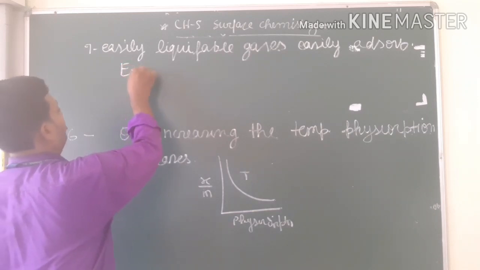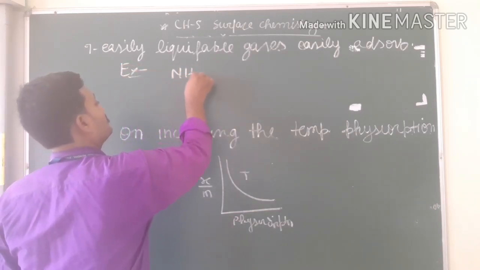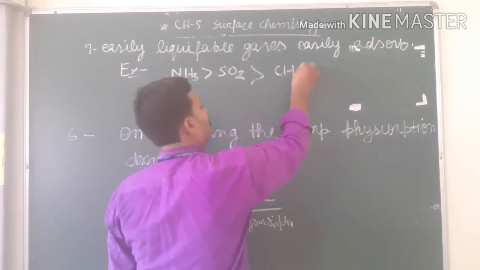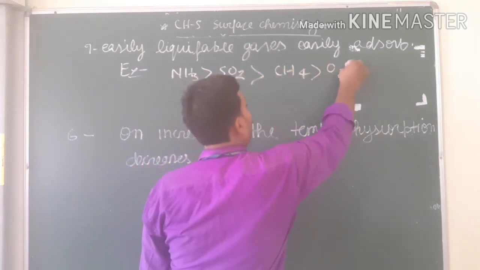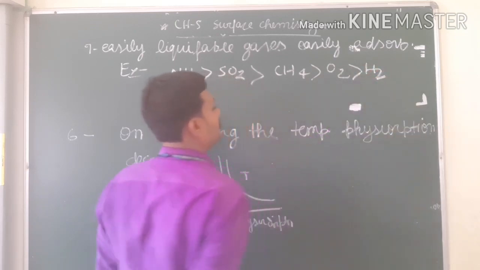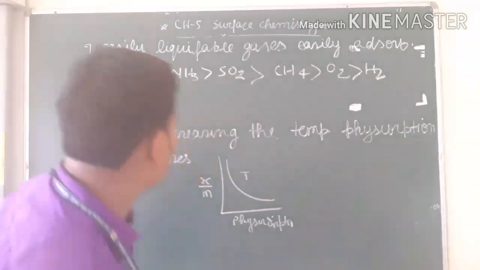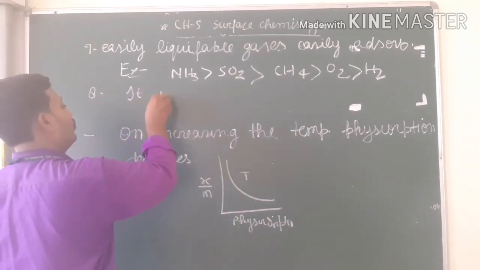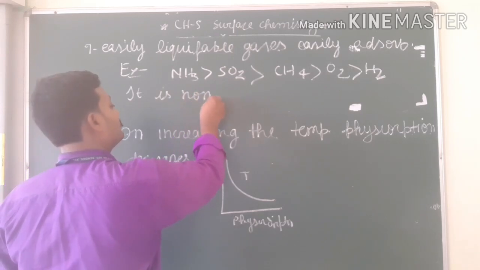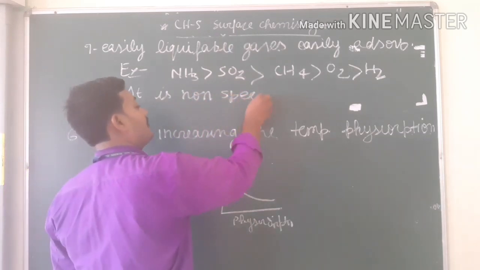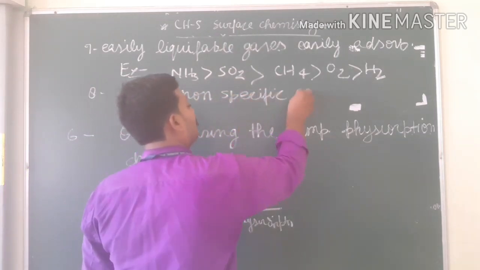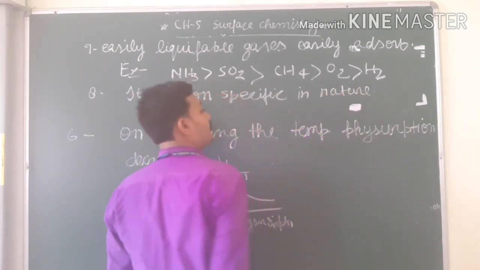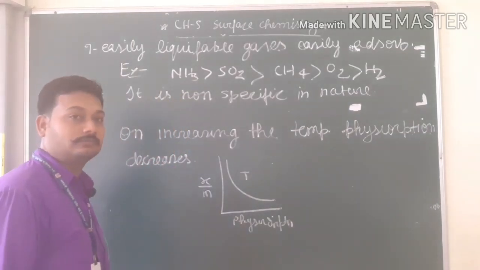For example, NH3 is more readily adsorbed than SO2, CH4, O2, H2, etc. Okay, next. It is non-specific in nature.